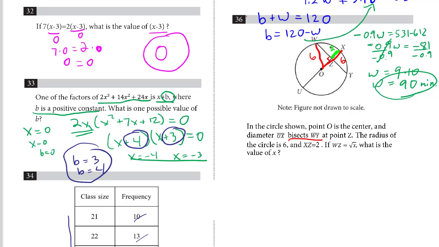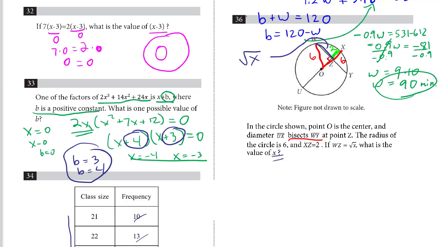That's going to be 2. Okay? If WZ, let's note that line segment correctly, WZ, which is right there, equals the square root of x. What is the value of x?